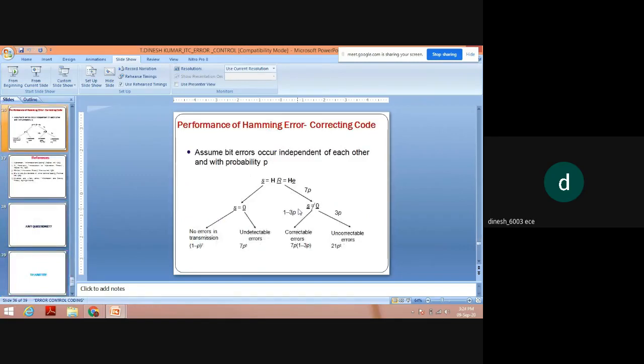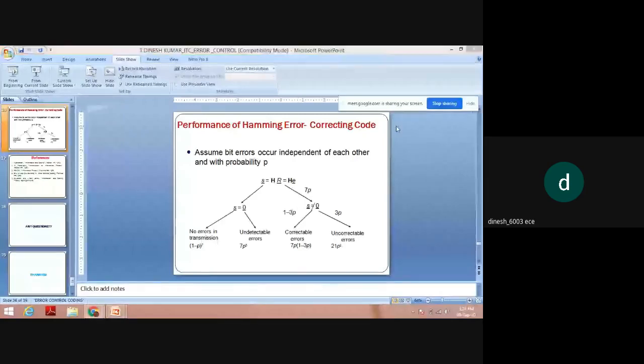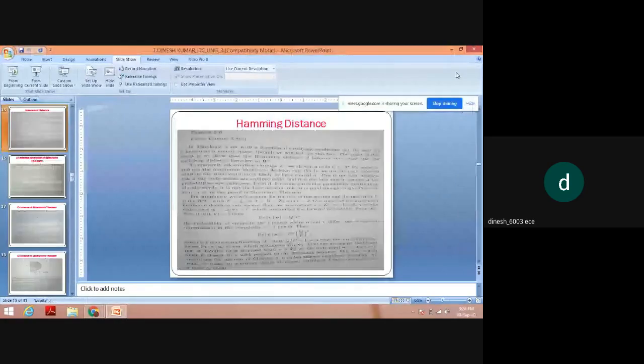We'll see that in the next class. So kindly be in line. I'll take attendance. So this is all the proof of Hamming distance, all this explanation that I had shown. Okay, then we'll go on in the next class.